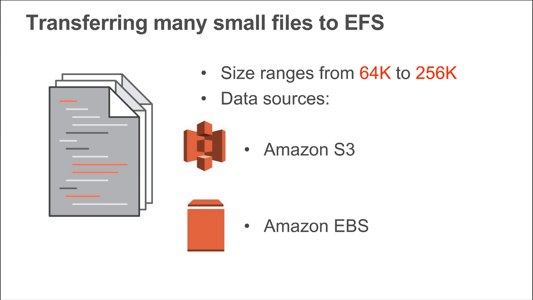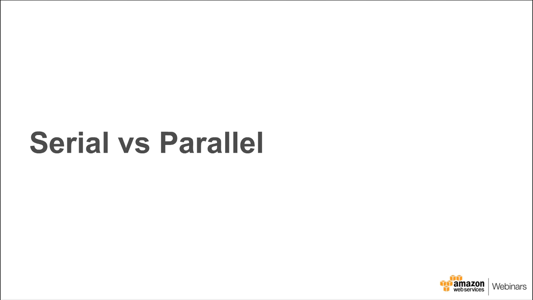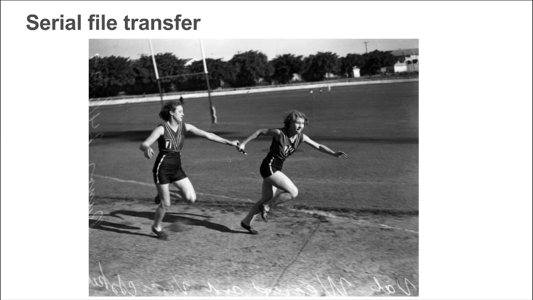The other use case I was looking at was moving a ton of small files ranging in size from 64K up to 256K, again, sourced off of S3 or EBS. Before I go into the details, I want to talk about serial versus parallel operations. In a serial operation, you basically have to wait for one operation to complete until the next one can begin.